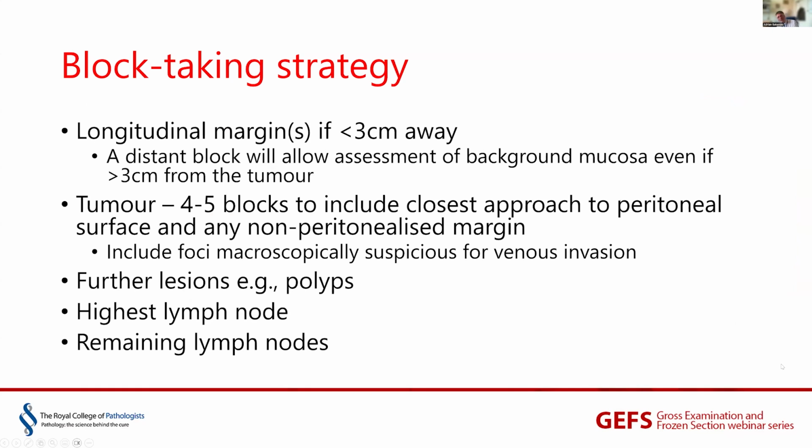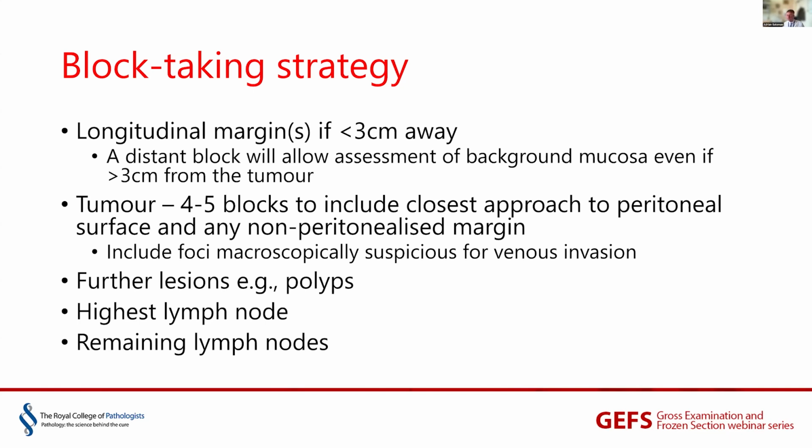Okay, so if you've identified all those features, how would you try and plan your block taking? Well, most people say that you should only really need to sample your longitudinal margins if they're within 3 centimeters of the tumor.